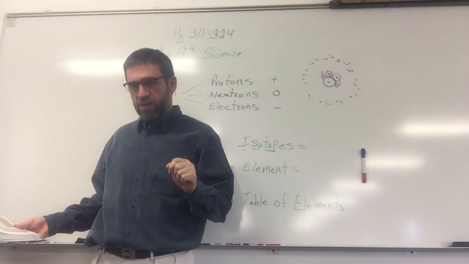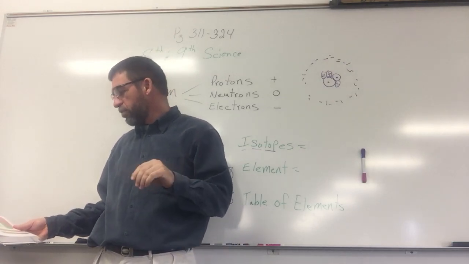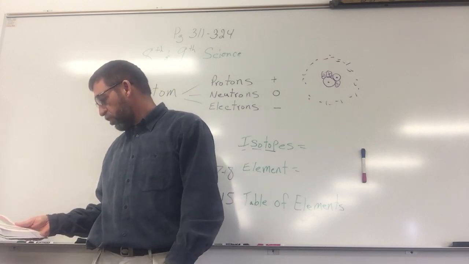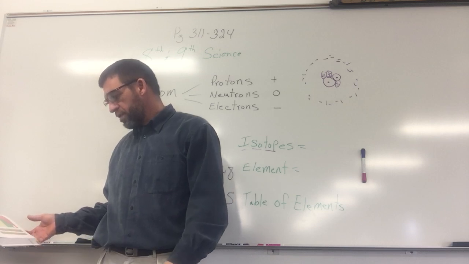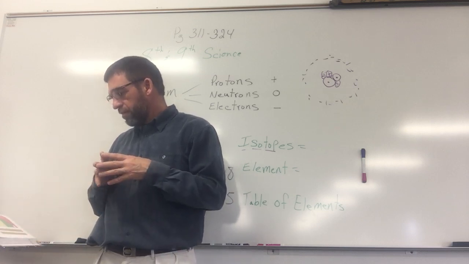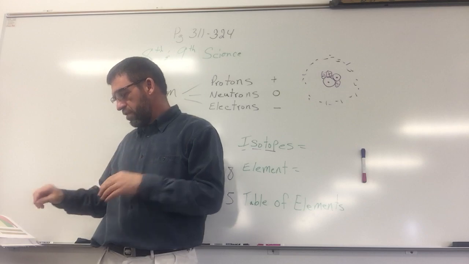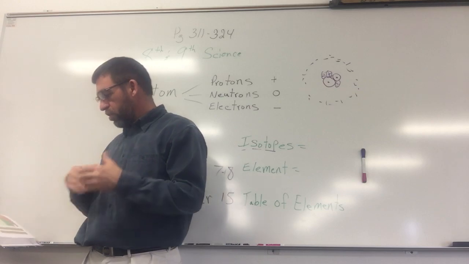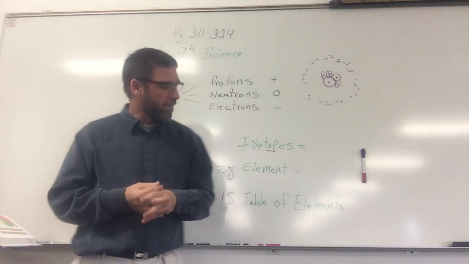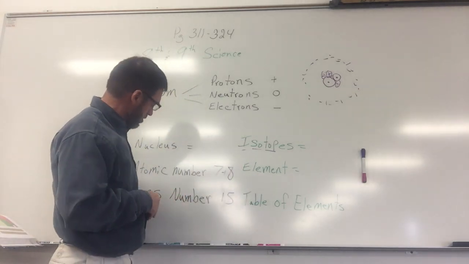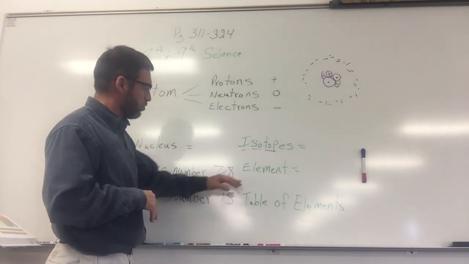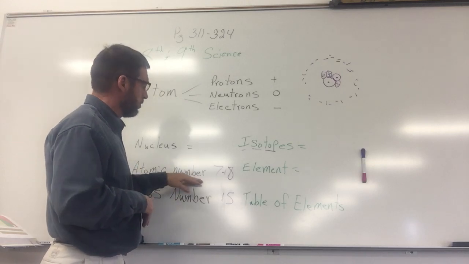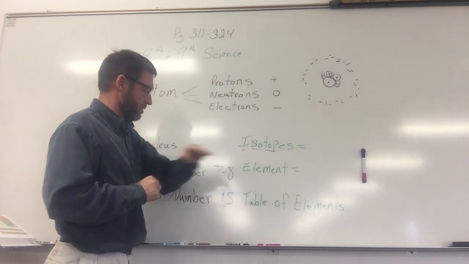All the elements are abbreviated. And I don't know if our book has a chart to tell us what they mean or not. Now, right now I don't see a chart. But if you look, each element has a number on it, and that has to do with the mass number, as well as the atomic number, the number of protons in the element.